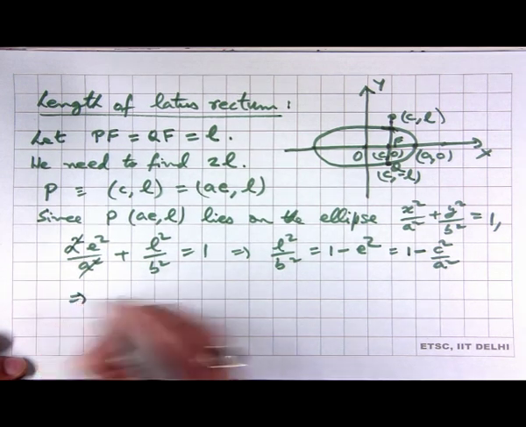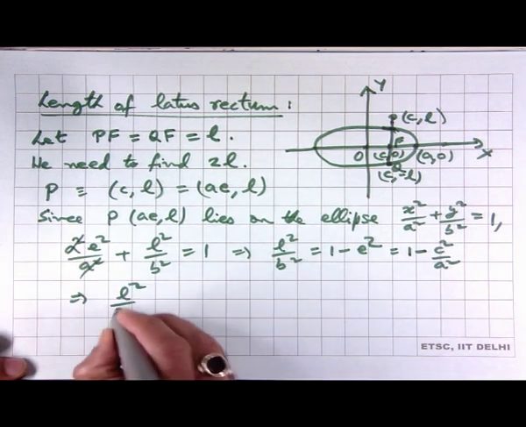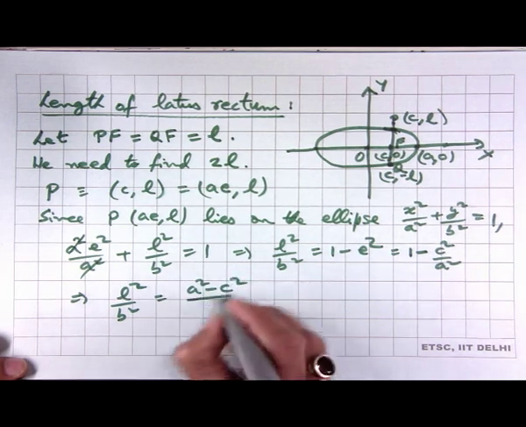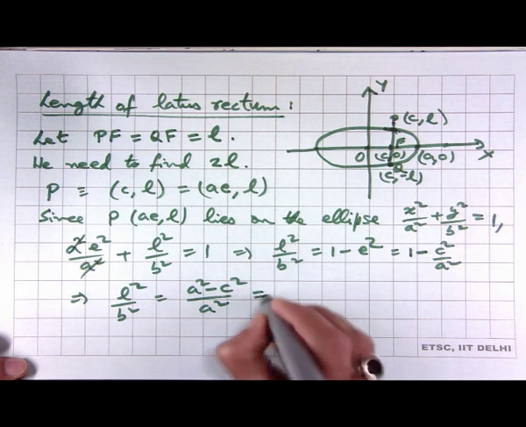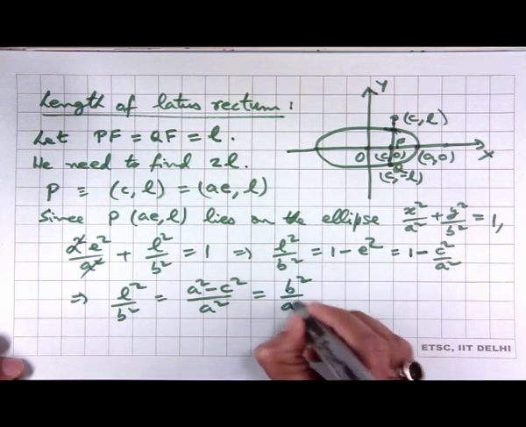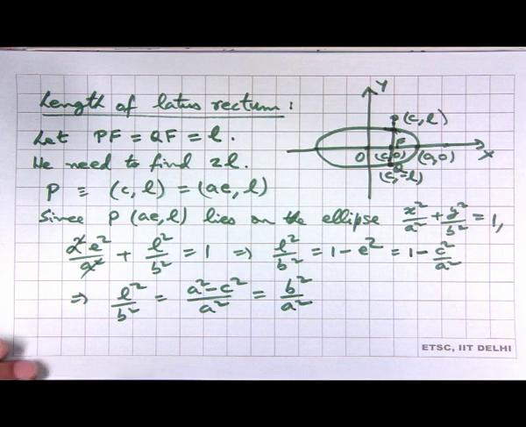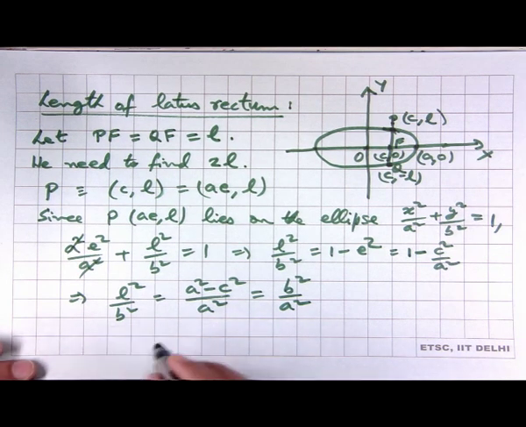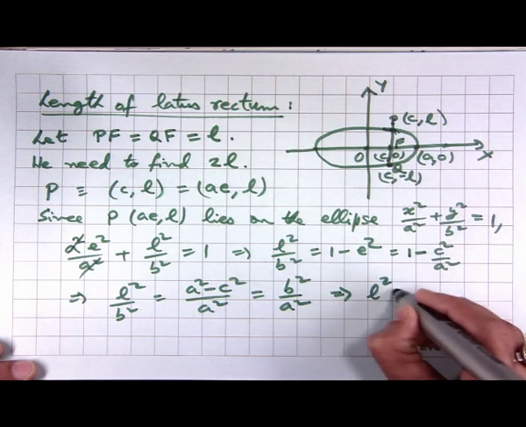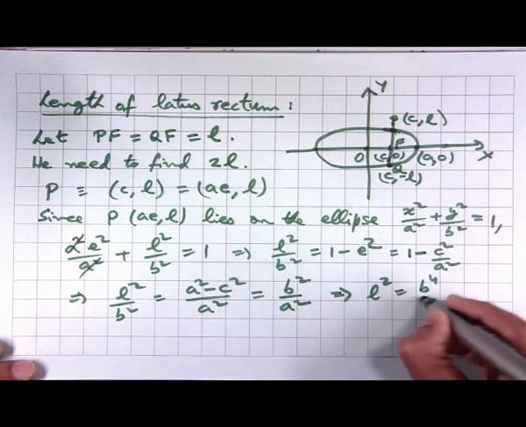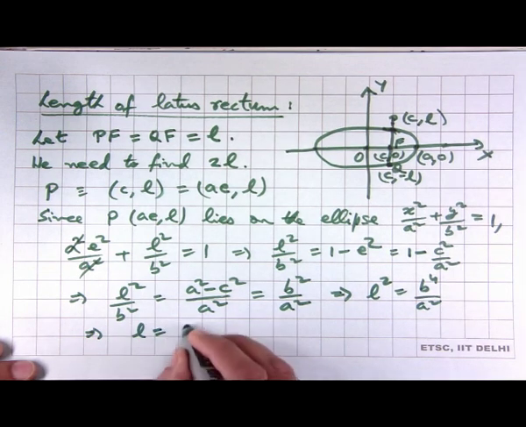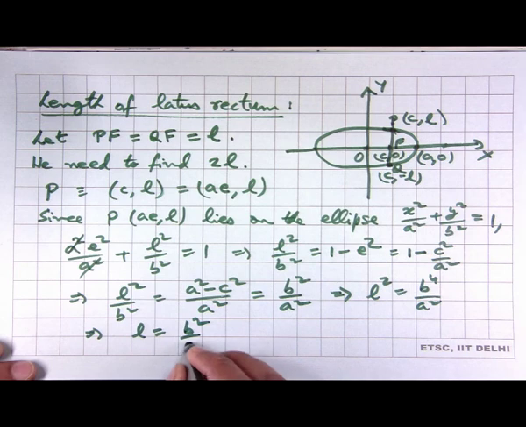So, l square by b square equal to (a square minus c square) by a square. a square minus c square is b square, so b square by a square. So, this will imply l square is b to the 4 by a square, or l is b square by a.